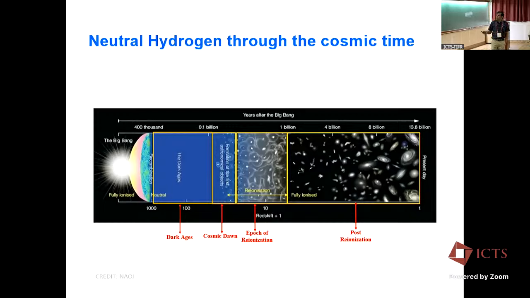So you see, you have a lot of neutral hydrogen during the dark ages, cosmic dawn, and the epoch of reionization. So it is a good tool to study. If you want to study the epoch of reionization and cosmic dawn, H1 21 centimeter is an excellent tool, and there are a lot of efforts, as you have already heard, to actually detect that signal and study the large scale structure of the epoch of reionization.